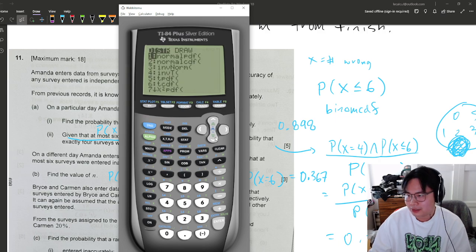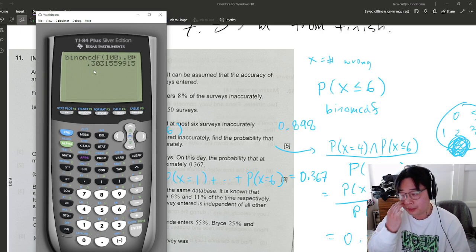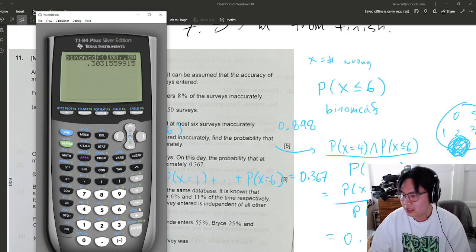Let me just do a quick guess. Okay, so at 50 surveys, that's like a 90% chance that she puts more than at most 6. So let's say she does 100 surveys. What is this? 303. Okay, so 100 is too many.